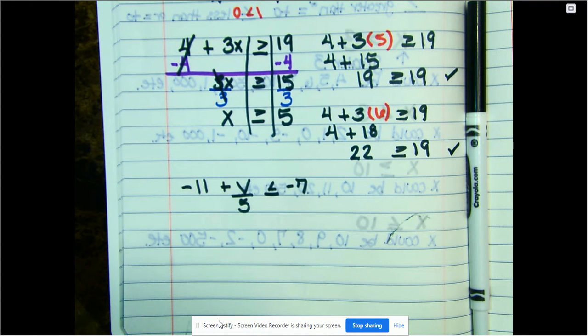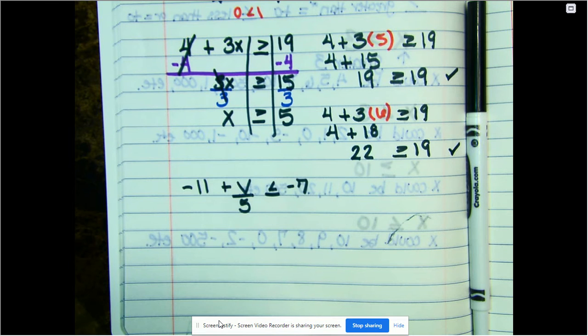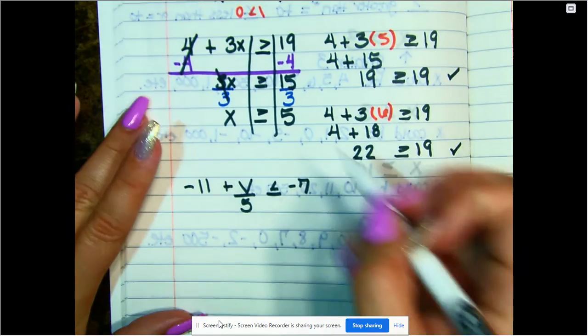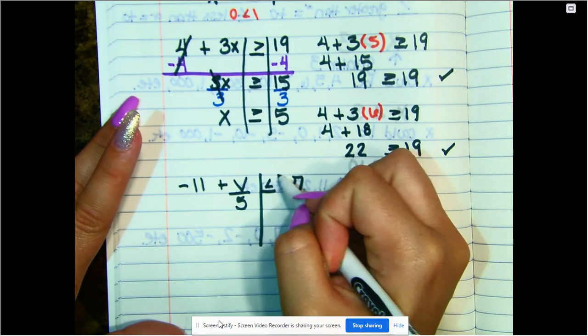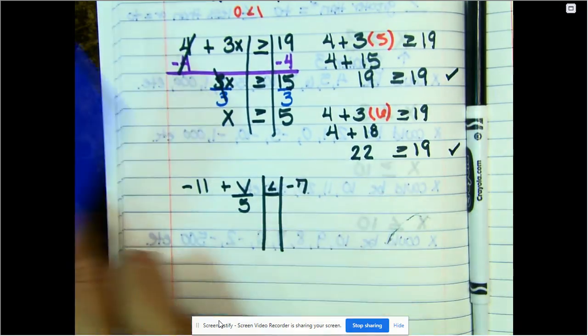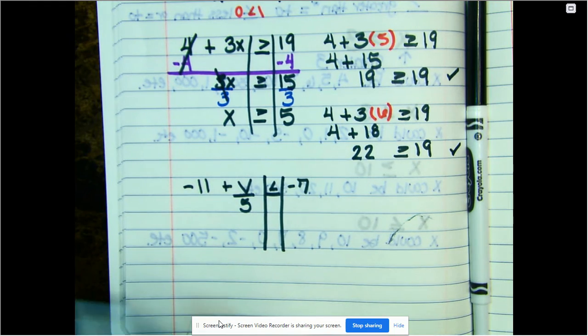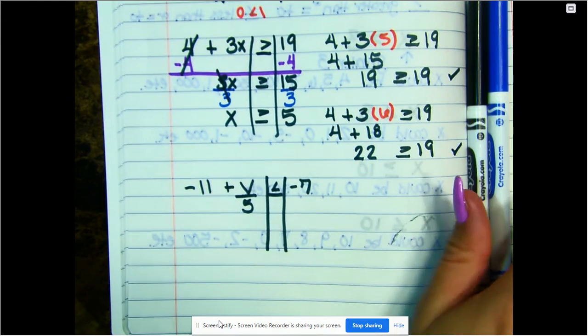The very first thing is undoing addition or subtraction, and I'm going to draw the barrier around my inequality sign.